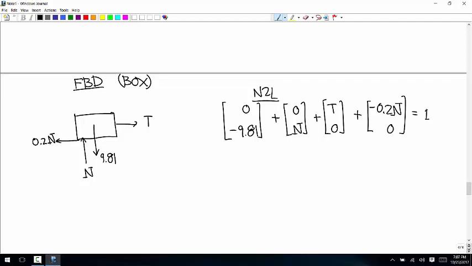Is the acceleration along the x-axis or the y-axis? Yeah, so that's still just <a, 0>. Okay, so the x equation says T minus 0.2n is equal to a.